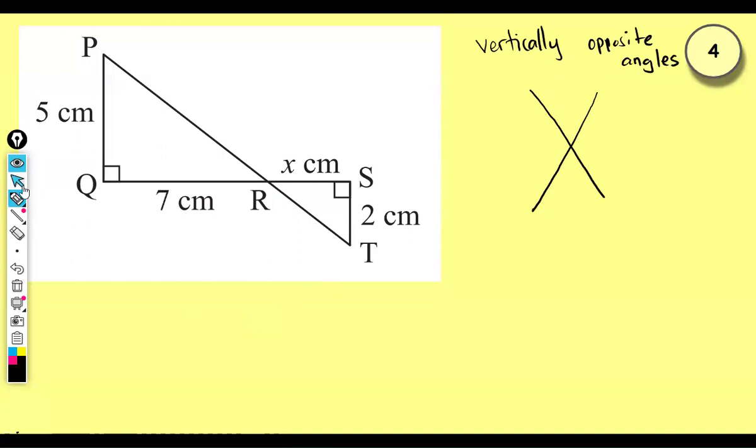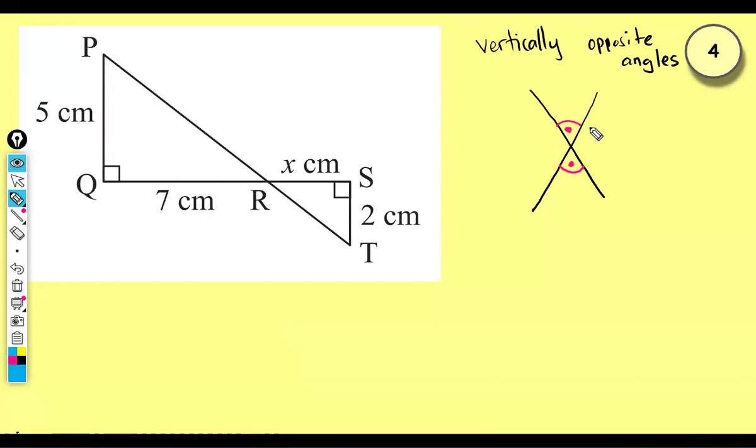In vertically opposite angles, it's basically a letter X. All it says is that opposite angles, like these two pink angles, will have the same value. So if this one is 30 degrees, the other one is also 30 degrees.